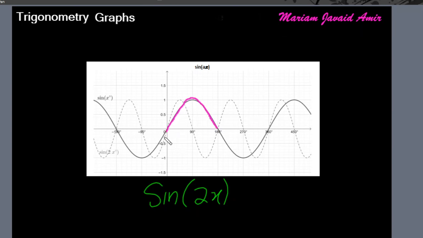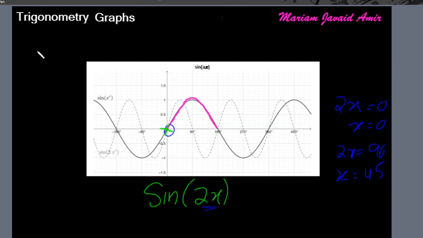Now, if I substitute 2x equals 0, I get x equals 0. So this would still remain the same, 0. If I substitute 2x equals 90, I get x equals 45.